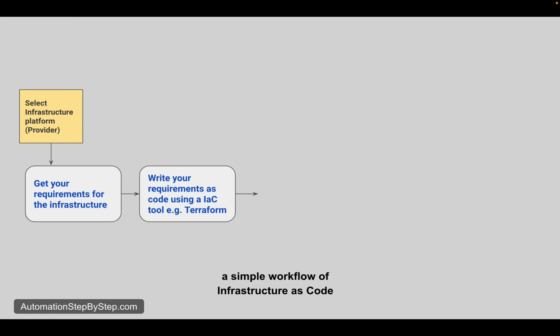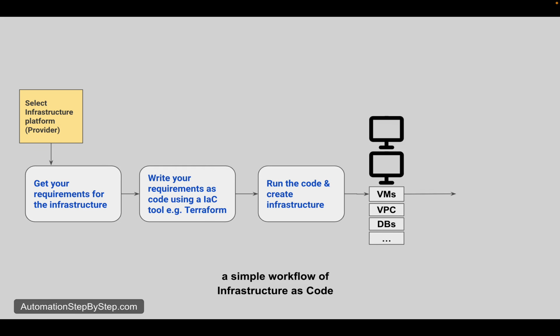For example, if we are using Terraform, we have a particular way to write the configuration in a configuration file, and then we will write it there. So this is like a code we write for our infrastructure, and then we run the configuration file or the code that will create the infrastructure on the provider or the infrastructure platform.